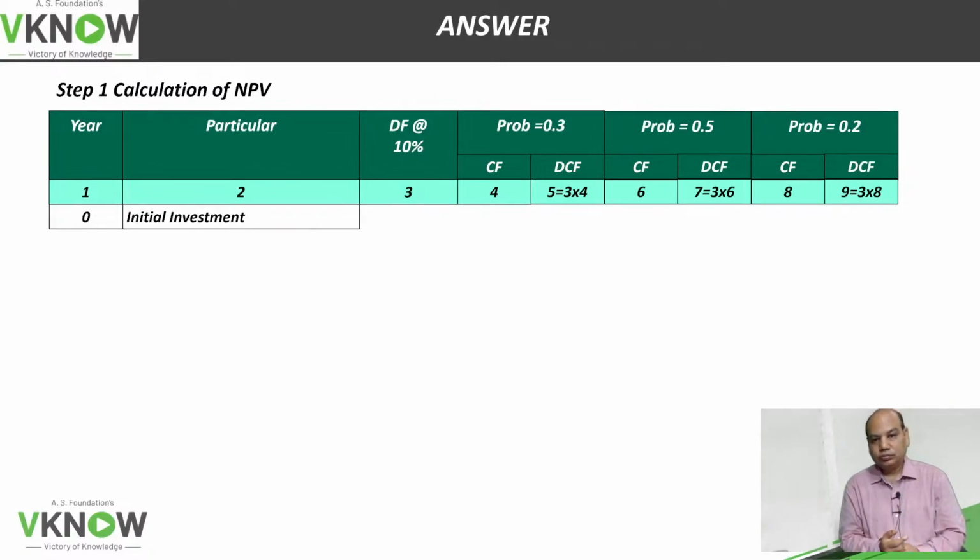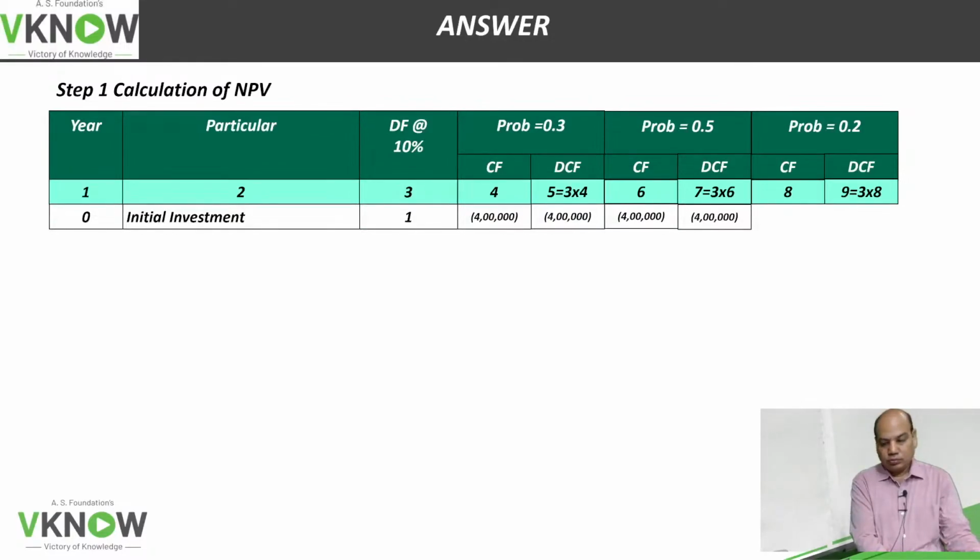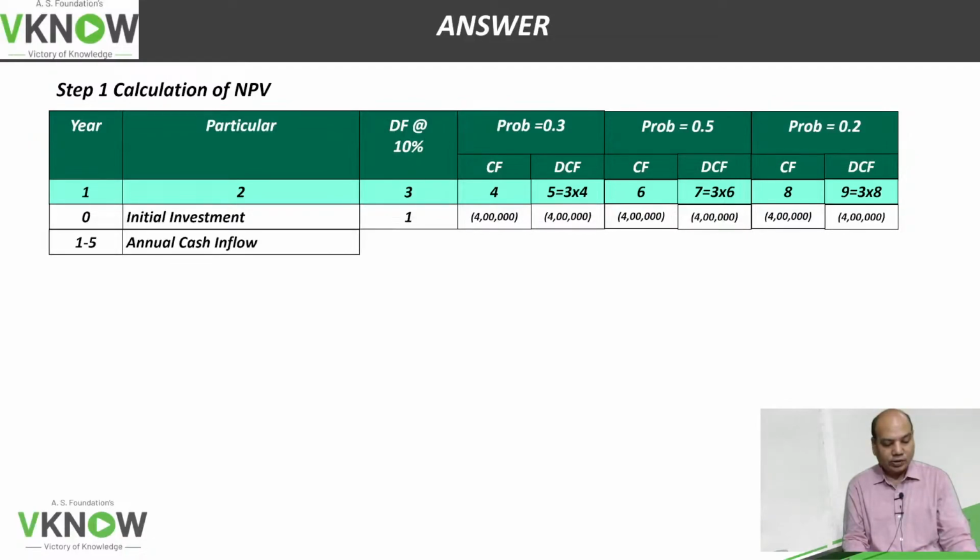Year 0, initial investment. In first case it will be 4 lakh. Present value will be 4 lakh. Second case also 4 lakh. Initial investment is same, 4 lakh rupees each. Years 1-5, annual cash flow.